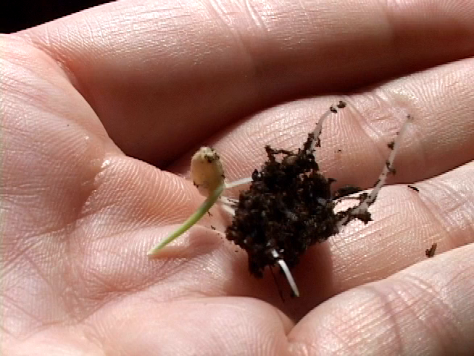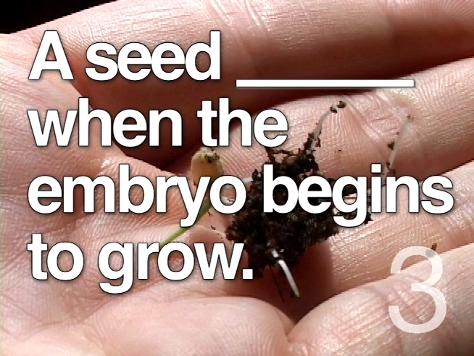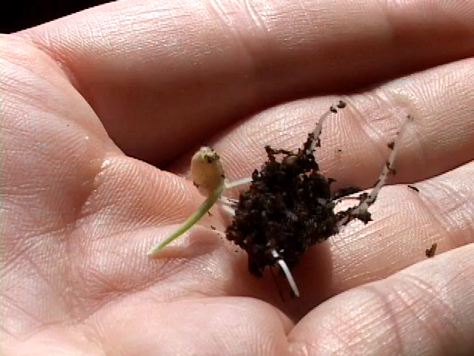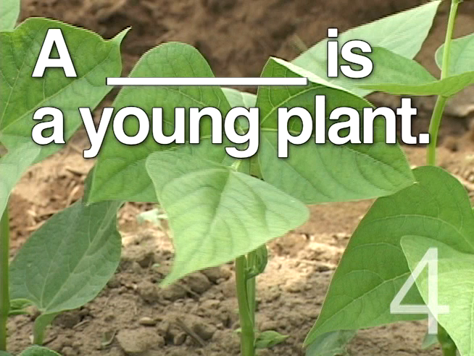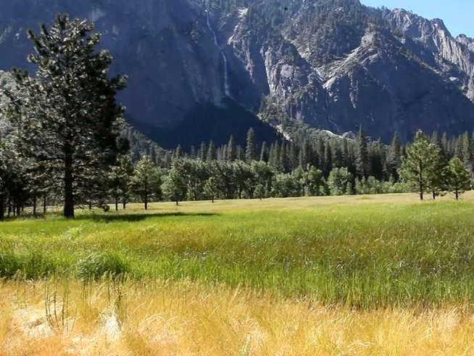A seed when the embryo begins to grow. Number 4. A is a young plant. And number 5. Plants have the ability to reproduce.